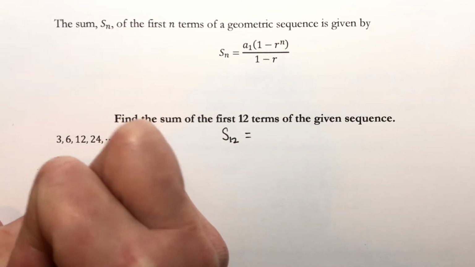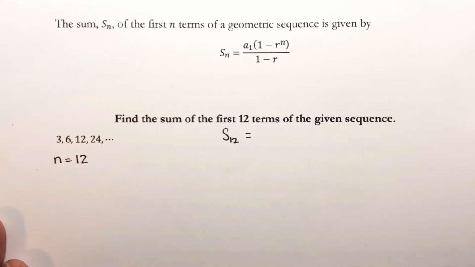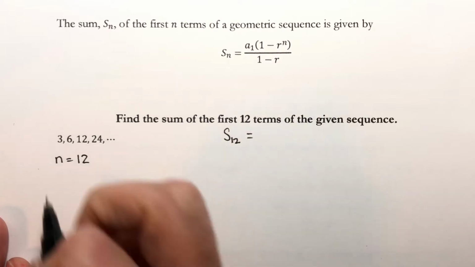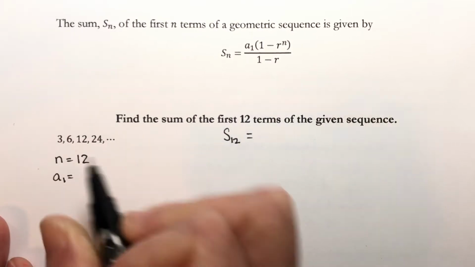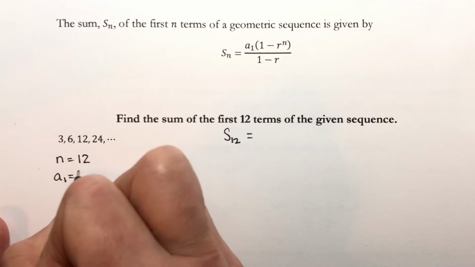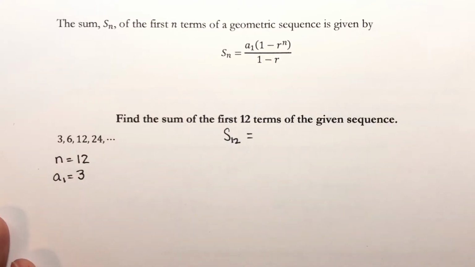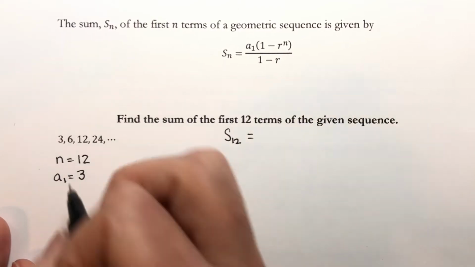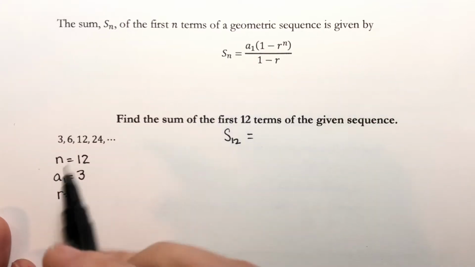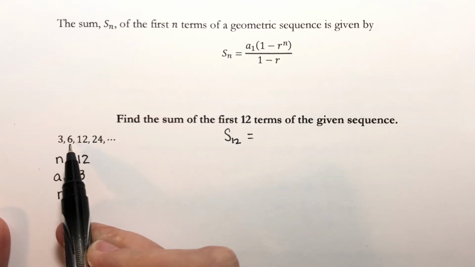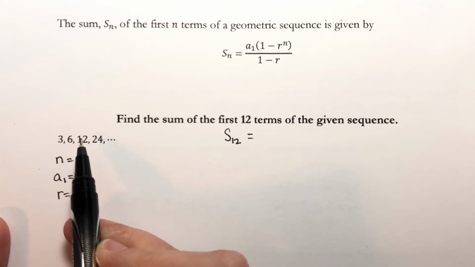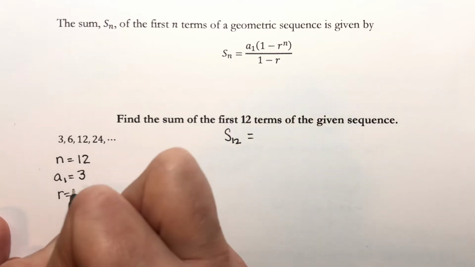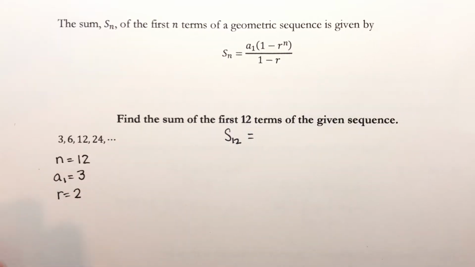That means our end value is 12. Our A1 value is our first term here, which is 3. What is our R value? What are we multiplying by every time? Well, if I go from 3 to 6, that's multiplying by 2. 6 times 2 is 12. 12 times 2 is 24. So my R value is 2.